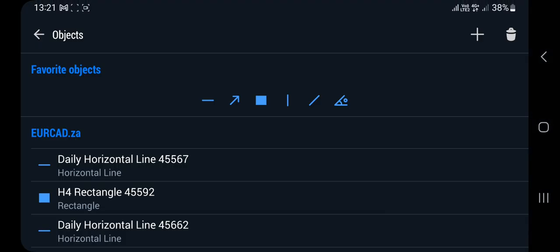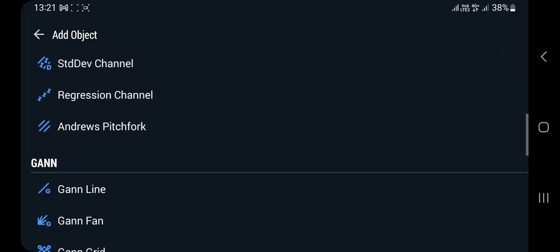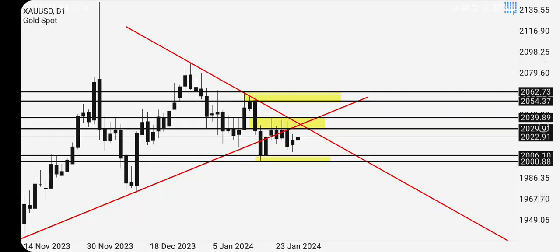Now let's put the Fibonacci retracement. Here we go. Since the market is pushing up, you start the Fibonacci from the bottom and drag it down. Here we go.